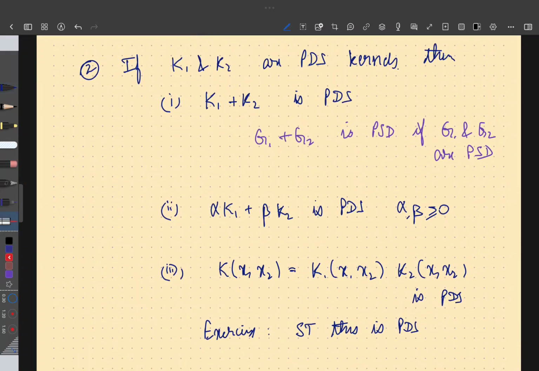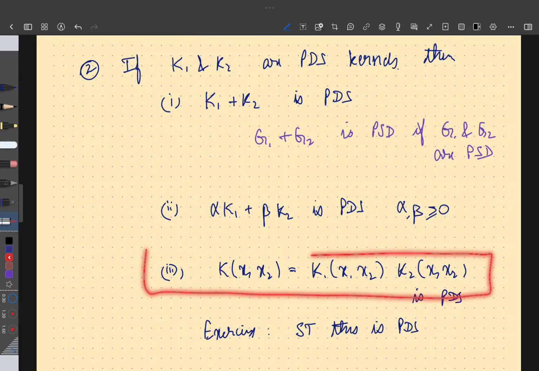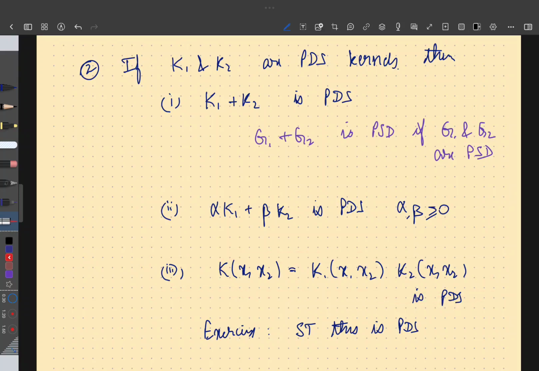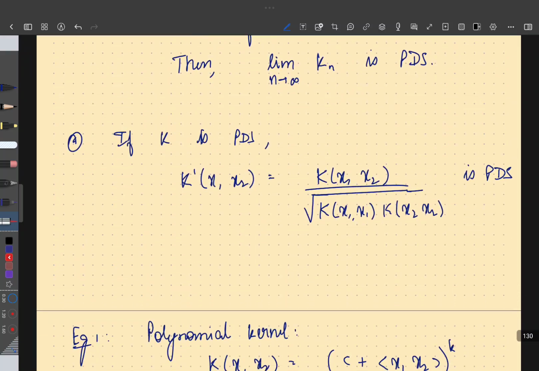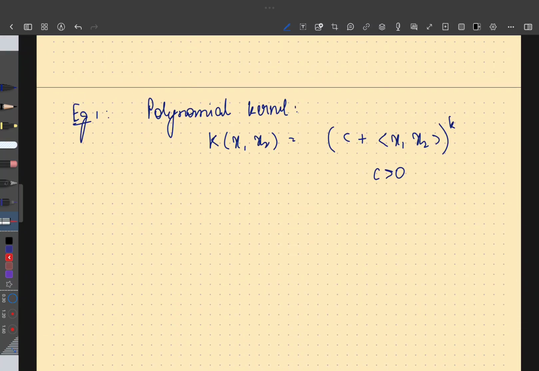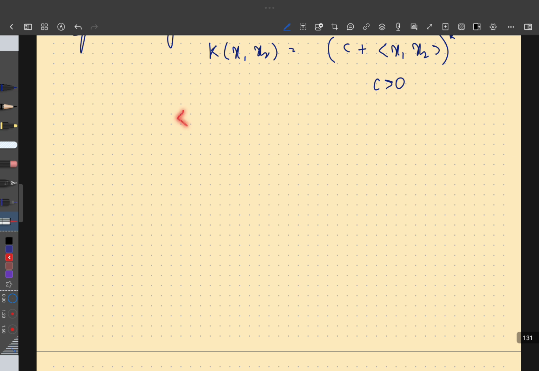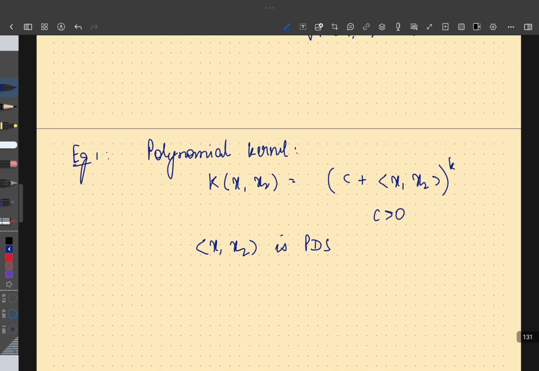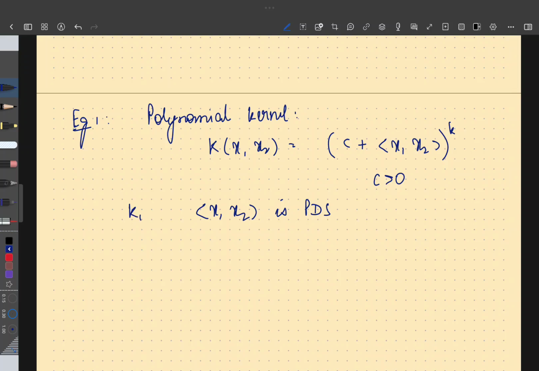So basically, this property 2.3 that we had also extends to any product of any finite number of PDS kernels, right? And that's all there is. So first, this is a PDS kernel, right? K2 of x1, x2 equal to a constant.